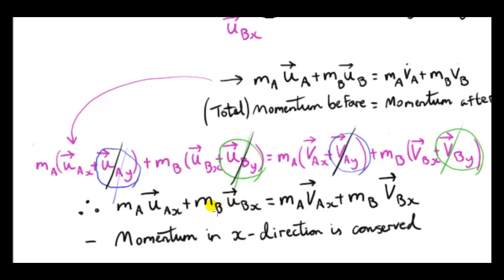So if we add these together, we get the total momentum. We get the x component of the total momentum of the spheres before the collision, and similarly on the right hand side we get the x component of the total momentum of the spheres after the collision.